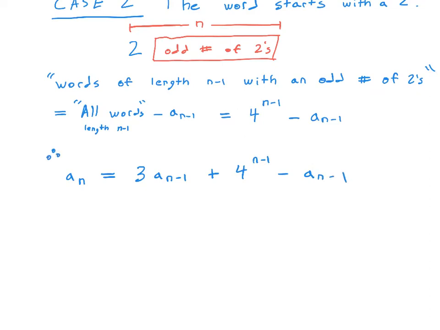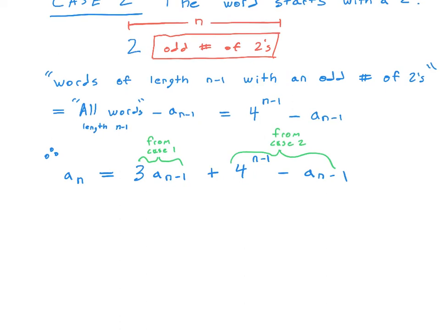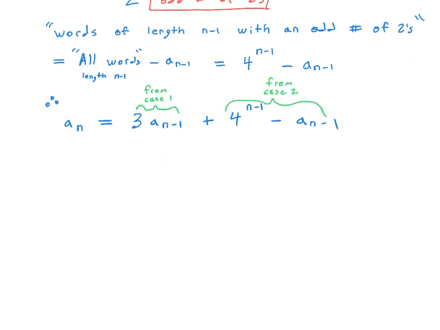So let's remind ourselves, let's write down that these numbers came from case 1 and case 2. So let's simplify our expression a little bit. We can rewrite this as 2a sub n-1 plus 4 to the power of n-1.